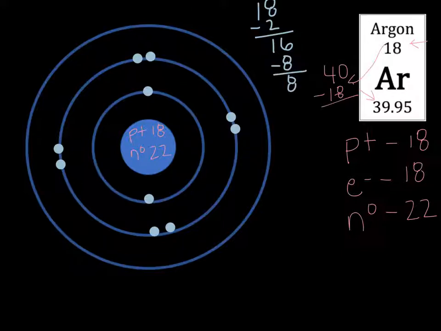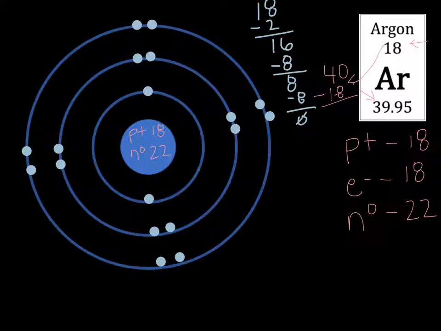And then our third energy level can hold up to 8 as well. 1, 2, 3, 4, 5, 6, 7, 8. So when we subtract that final 8 from this 8, we have now used up all of our electrons.